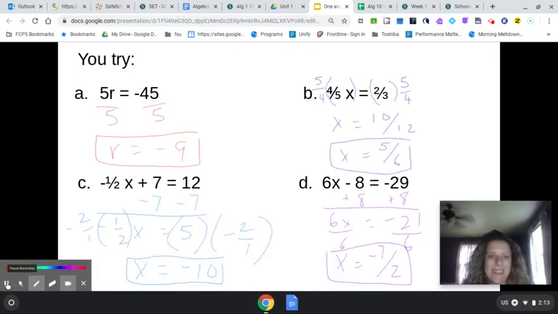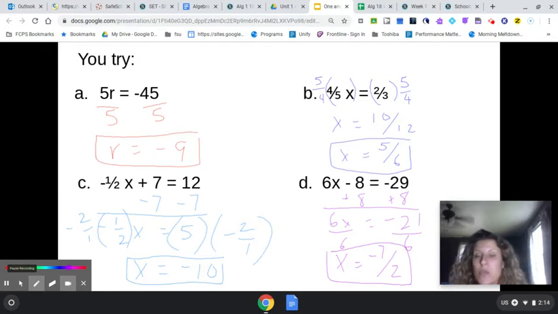Okay, we're back. Part A, we get r equals negative 9. We use the inverse operation of divide by 5. In part B, since there was a fraction, we multiplied by the reciprocal. The reciprocal of 4 fifths was 5 fourths. That gave me 10 over 12, but that could be reduced.